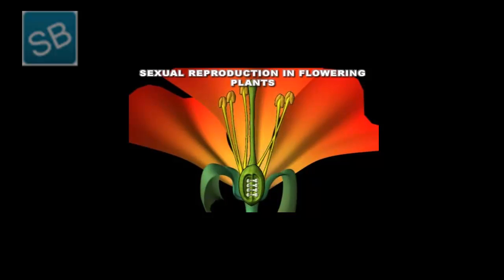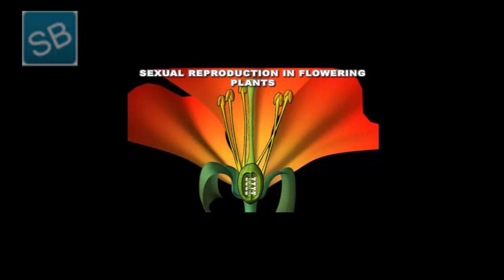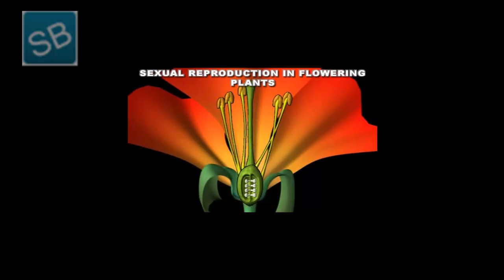Stamen is the male reproductive part and it produces yellowish pollen grains. Carpel is present in the center of a flower and is the female reproductive part. It is made up of three parts. The swollen bottom part is the ovary, the elongated part is the style, and the terminal part, which may be sticky, is the stigma.